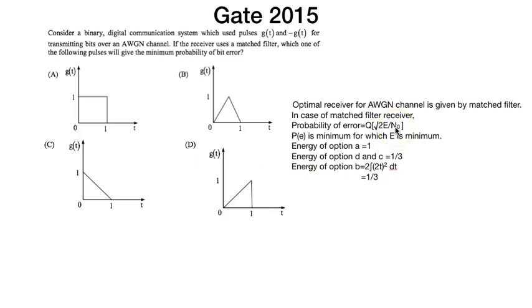For that, we need to calculate energy E in all these signals. If we calculate energy in all these signals, you will see that in option A it is 1 and in all the rest it is 1/3. So error will be minimum in option A, which has the maximum bit energy. E is maximum, which is option A.